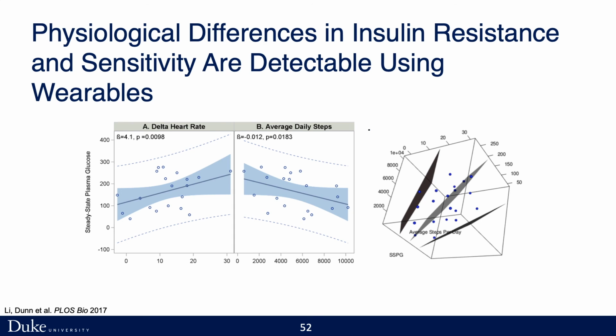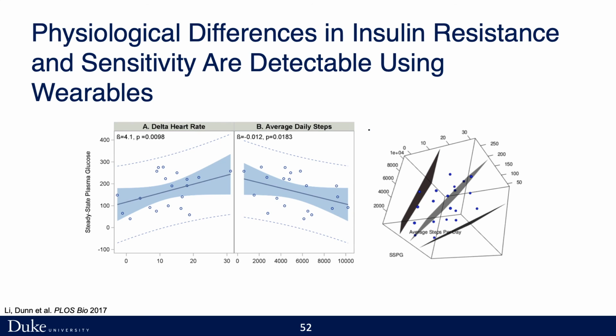As somebody becomes more insulin resistant, they're moving closer and closer toward that diabetic state. What's well known is that physical activity plays an important role in the prevention of prediabetes and type 2 diabetes. But here, the preliminary data indicates that there's a relationship that we can see between not only physical activity, but also resting heart rate.